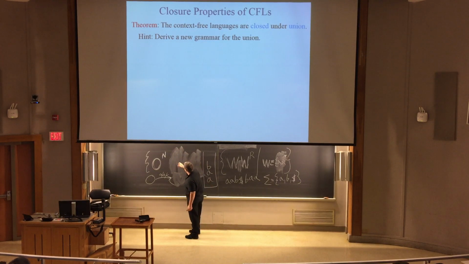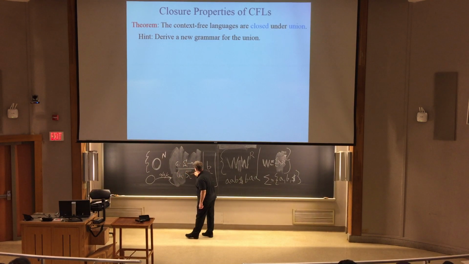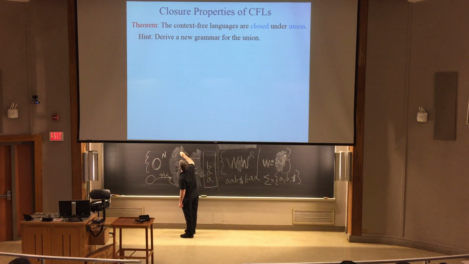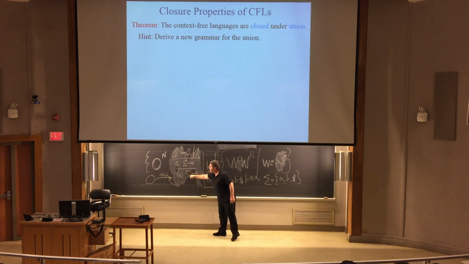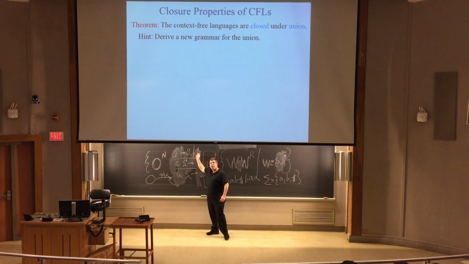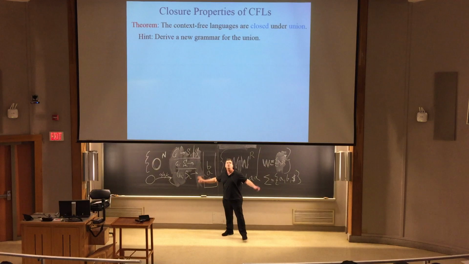So if you have one grammar, G1, that has an S in it that goes somewhere, called S1, and you have a separate grammar, G2, where you have an S2 going somewhere else, you have a new grammar, G prime, that goes to either S1 or S2, either to this grammar or to that grammar, and whatever those generate, this grammar will generate the union of all the things that these two grammars generate, and the rest of the productions remain the same.